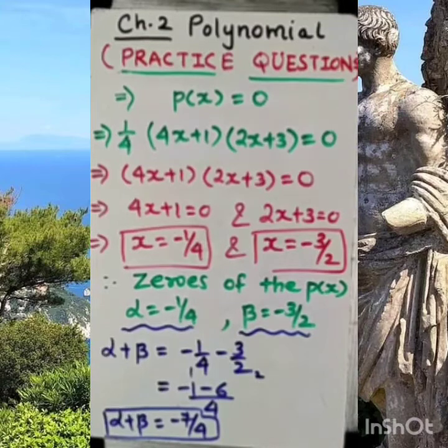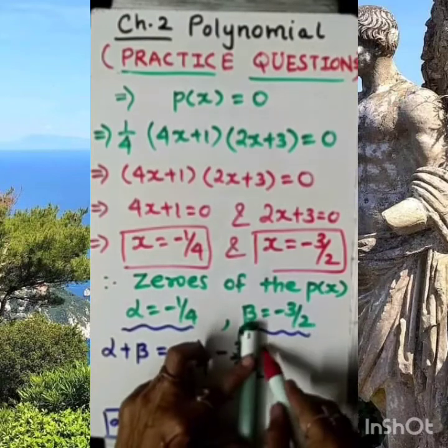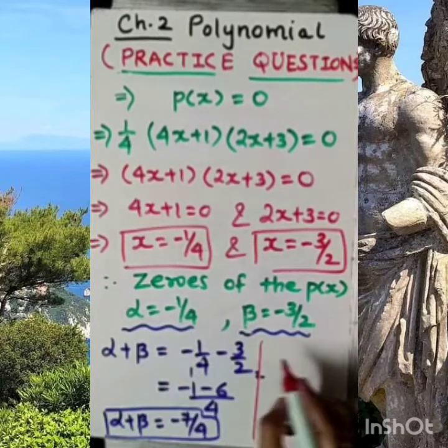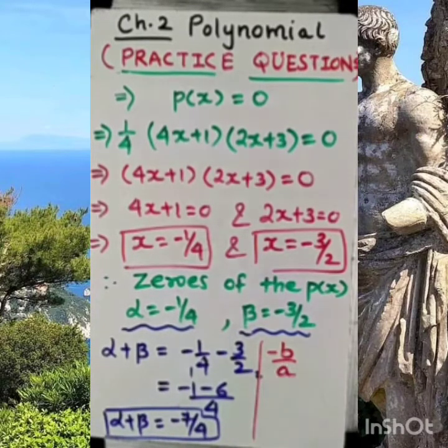But as we know, the sum of the two zeros can also be measured through this. So let's work on this. Alpha plus beta is minus b by a, as you know, right? Now according to this, what is minus b? That is very important. b means the coefficient of x, and a the coefficient of x square.